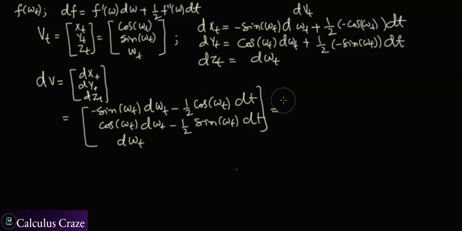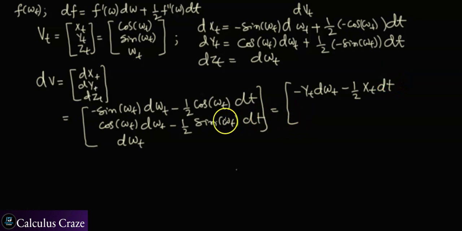But this can also be written in the following form. Like you can see that sine W is defined by y. So I can write this as minus y_t dW_t, and minus 1/2 and my cosine is x_t, so x_t dt.